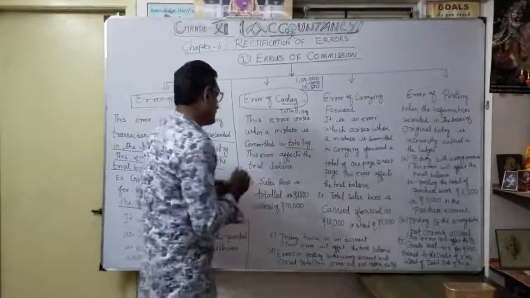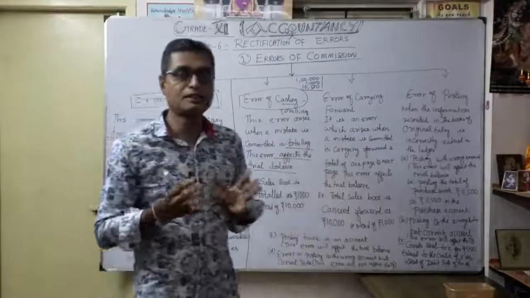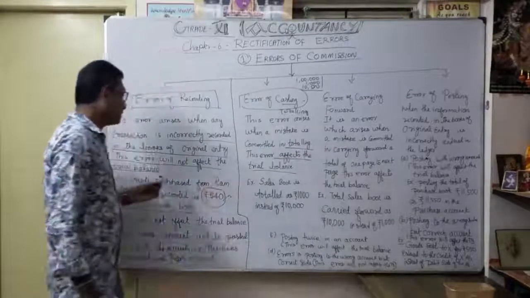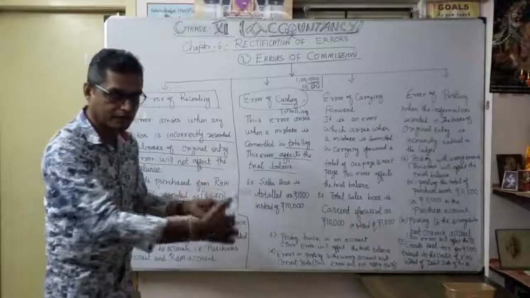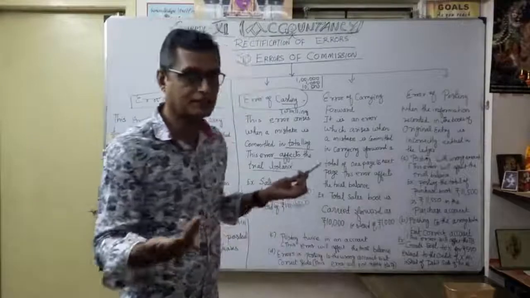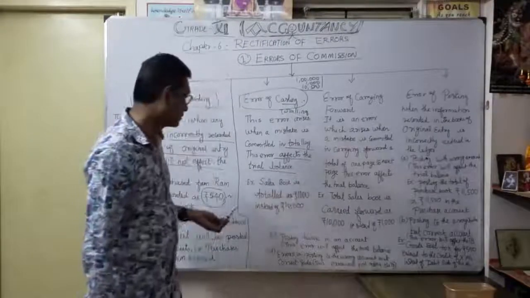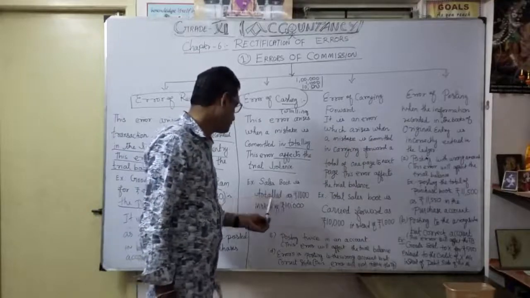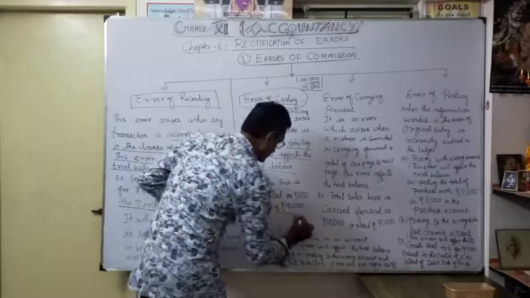So this error will affect the trial balance. Yes, definitely it affects the trial balance. In the earlier case it did not affect the trial balance, because whatever amount, 540, was entered on both sides, debit and credit, naturally there was no effect. But here what will happen? A totaling mistake. Now see the example. The sales book is totaled as 1,000 instead of 10,000.